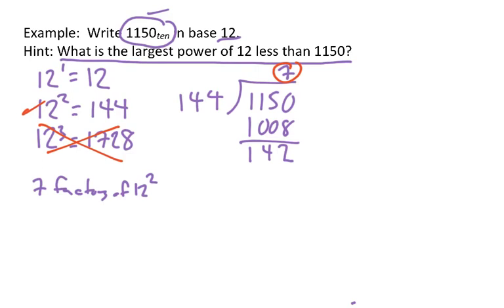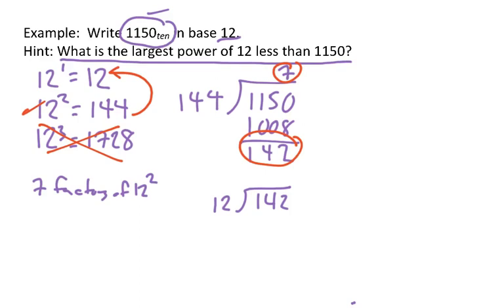Then you work your way down the powers of 12 and ask yourself, how many times does 12 go into the remainder that you just found? So how many times does 12 go into 142?